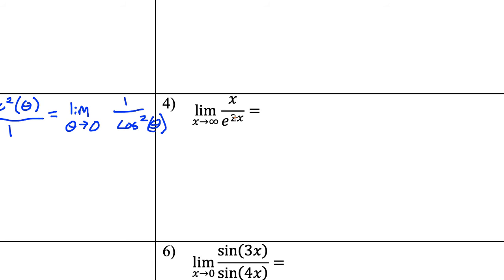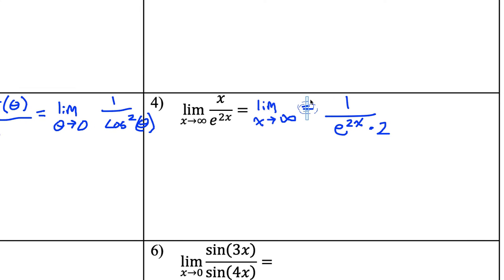Number 4, I'm plugging in infinity. I get infinity over infinity, also indeterminate form. So let's go ahead and take the derivative. Limit as x approaches infinity. I can try writing that infinity slightly neater. The derivative of the top is 1. The derivative of the bottom is still e to the 2x, because the derivative of e to the x is e to the x, but don't forget the derivative of the inside, times 2.